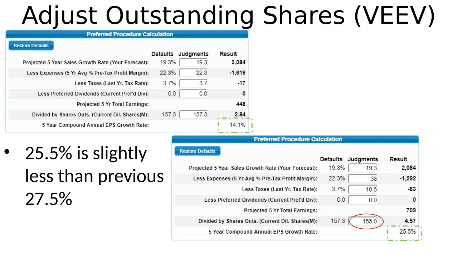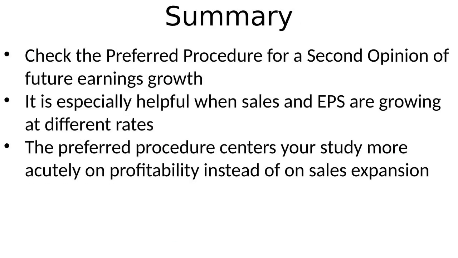So you can make that adjustment to have just better data to make your judgment and your decision about earnings per share. It's especially helpful when sales and EPS are growing at different rates. If they're growing at different rates, which means they're not consistent, right? We want up, and we want straight, and we want parallel. If it's not consistent, that EPS is not going to be straight. It'll be choppy a little bit.